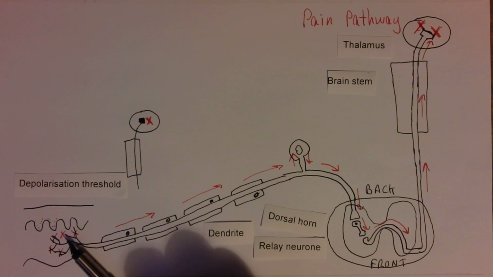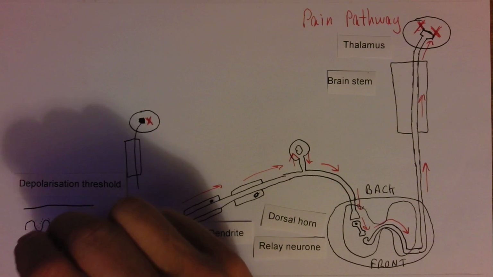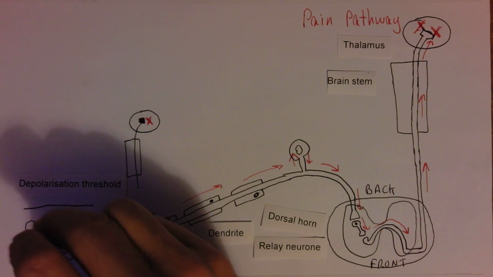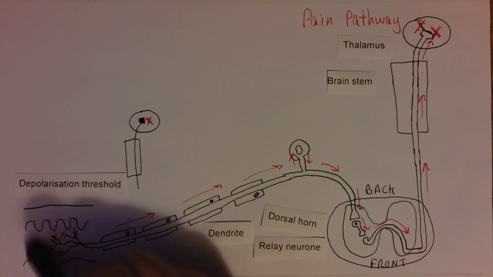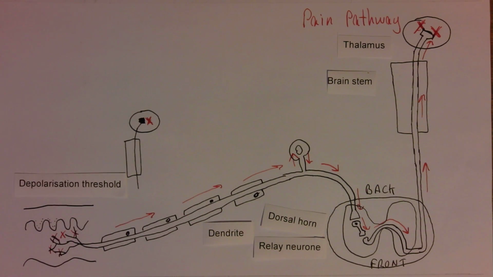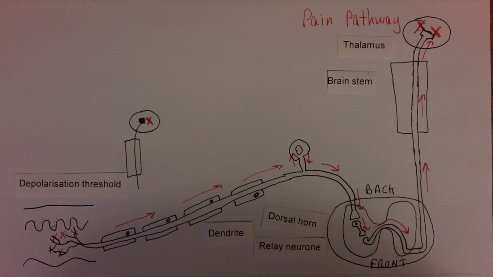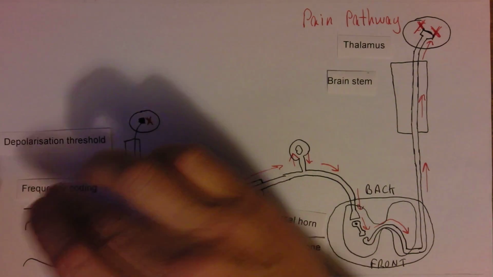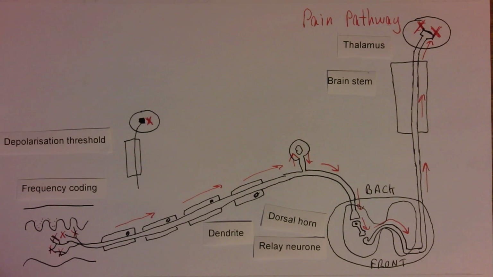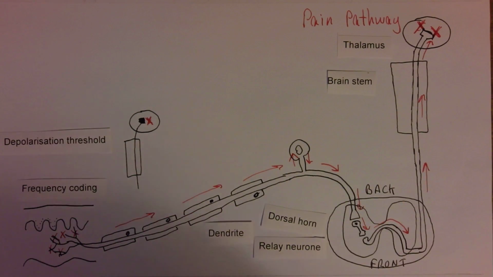It's an electrical impulse and it's always the same voltage. So if we have a little pain, it'll just generate a few impulses. If the tissues are being cut or burned with boiling water and there's a lot of tissue damage about to happen, it'll generate a lot of nerve impulses. That's called frequency coding. So how bad the pain is depends on how many times this impulse is getting up to the thalamus.